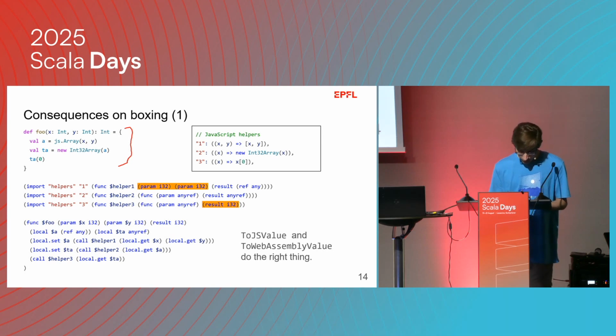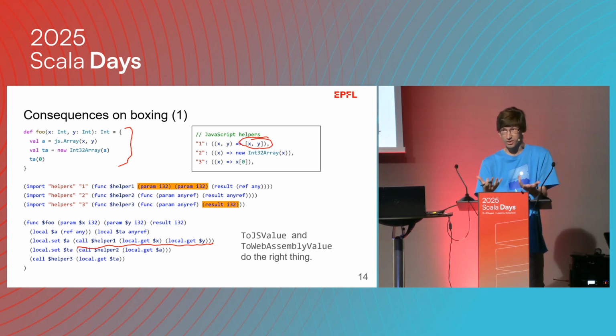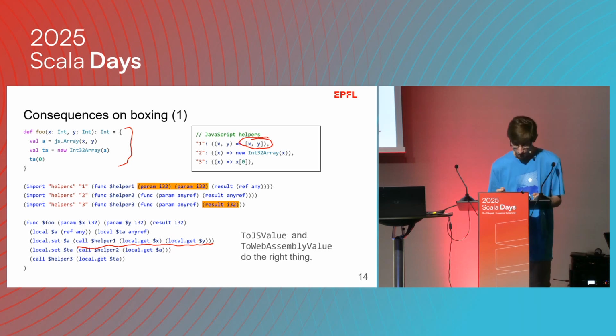In terms of WebAssembly, what we get is that we're going to call a first helper to which we pass x and y. And that first helper will create an array of 2 elements, x and y. So this is a helper because it needs to create a JS array, right? So we need to ask JS, please make a JS array for me. And then we have to do this call new Int32Array.